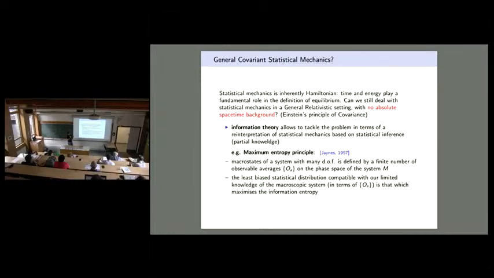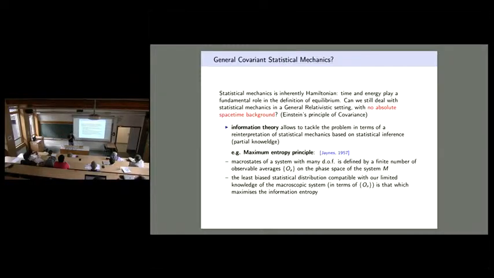The reason, as I was telling you, is general relativity: in general relativity we don't have a fully covariant notion of statistical mechanics, because statistical mechanics has an absolute space and an absolute time, and we miss an absolute time in general relativity. So is there any way to build not a relativistic statistical mechanics, but a statistical mechanics which is fully compatible with the Einstein principle of covariance?